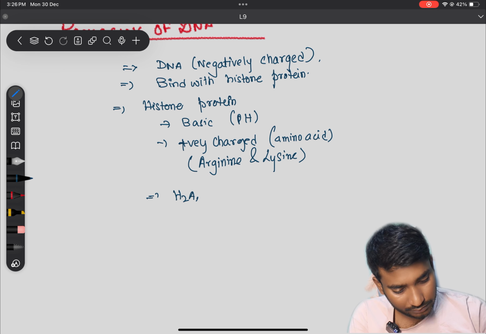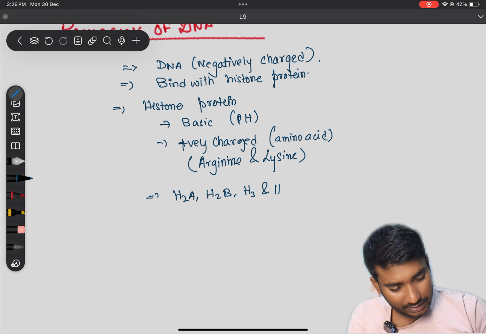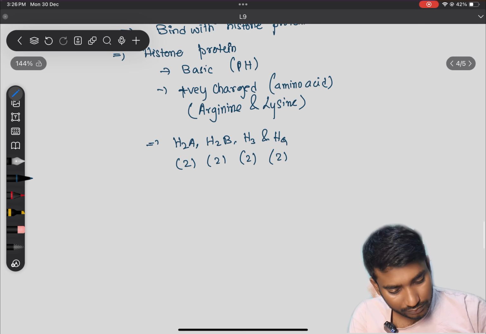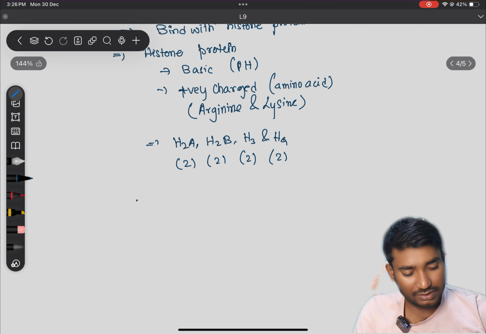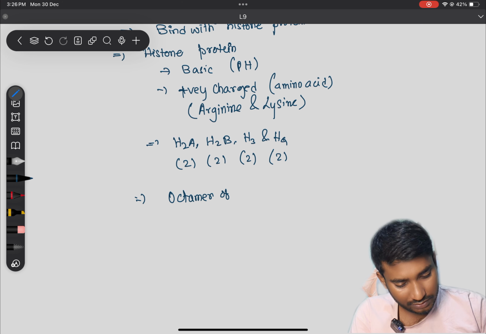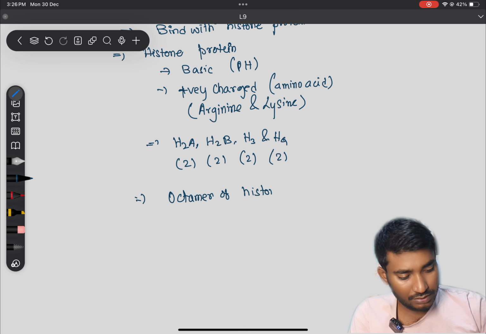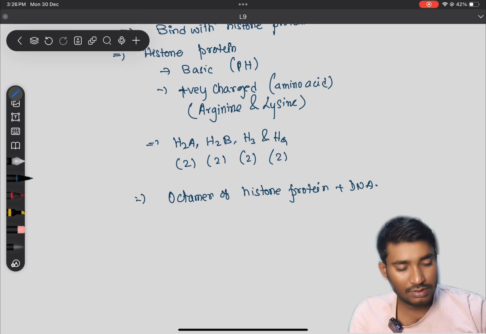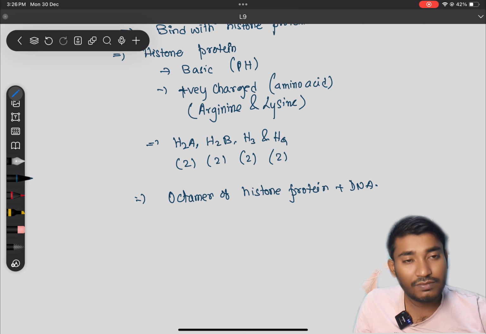H2A, H2B, H3 and H4, each with 2 units, make up an octamer of histone protein, plus the DNA. Okay, this consists of packaging of DNA.